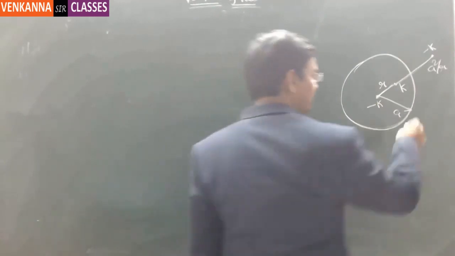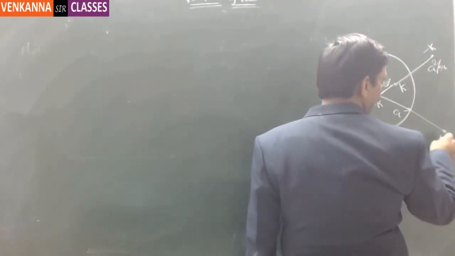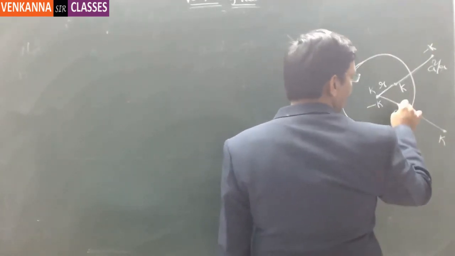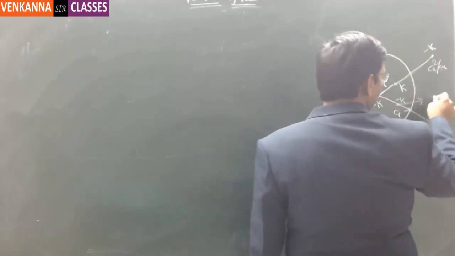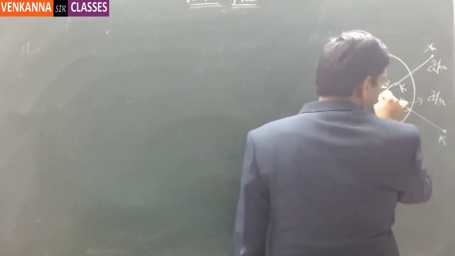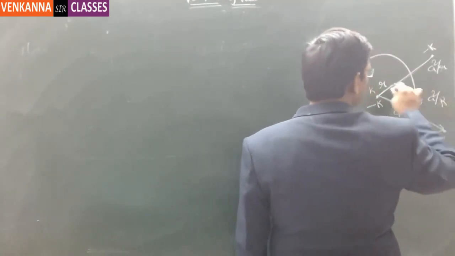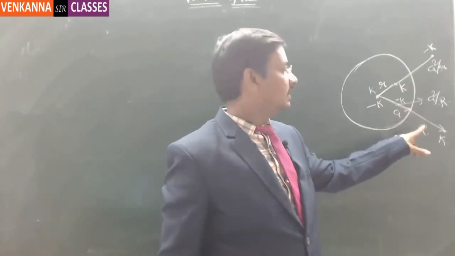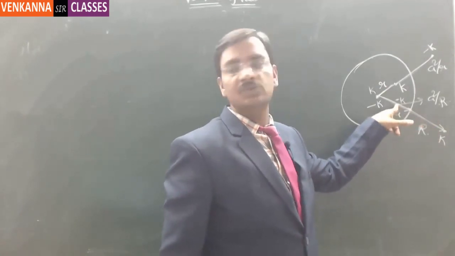Suppose the vortex is present outside, let us say here there is a vortex of magnitude k. Then you have to introduce plus k here and one more minus k at this particular point, and this location is again a squared by R, but this is R in this case. So this is capital R, and this is small r. If you notice, capital R is more than the radius, so if I divide a squared with a value more than the radius, I get a value less than the radius.